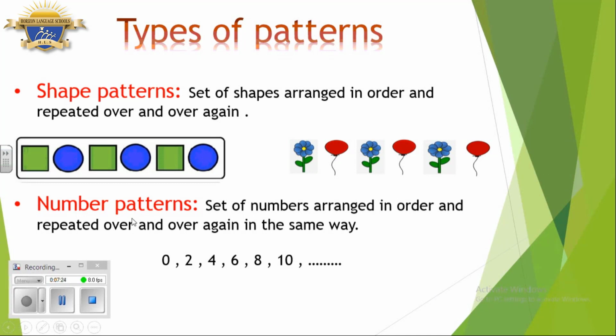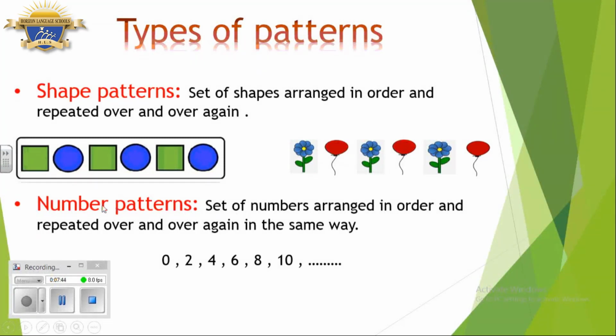Okay, the next type of pattern, number patterns. Number patterns are sets of numbers arranged in order and repeated over and over again in the same way. So again, number patterns are sets of numbers, right?